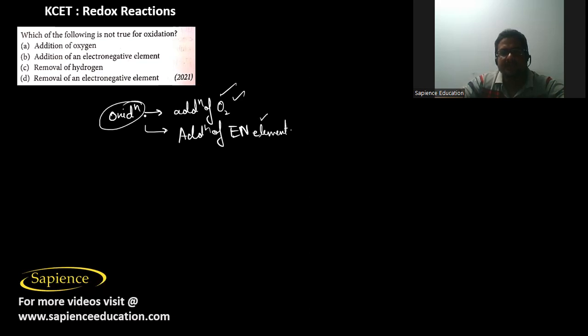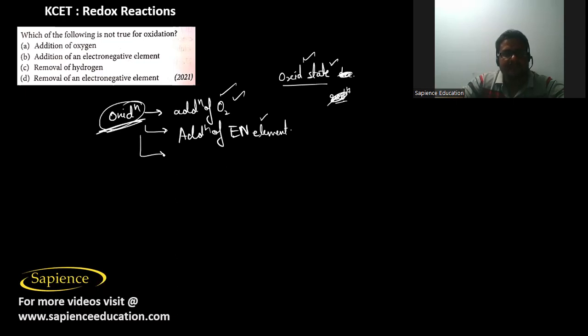So there will be oxidation. When the oxidation state increases of any element in any kind of chemical reaction, then it will be called oxidation. And if the oxidation state of any element decreases, then that will be called reduction.